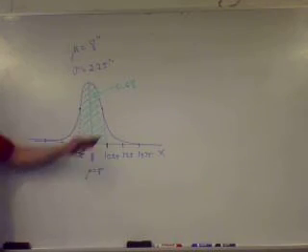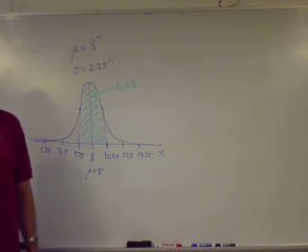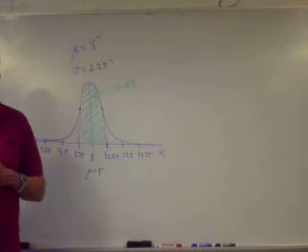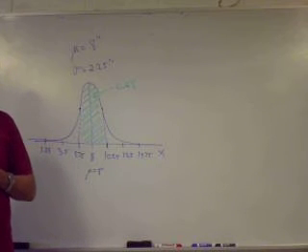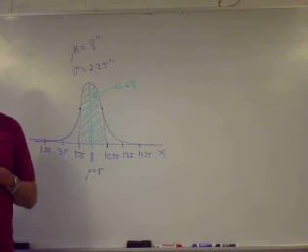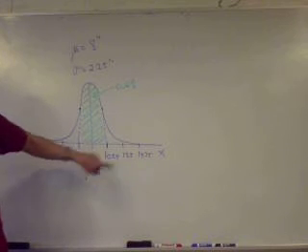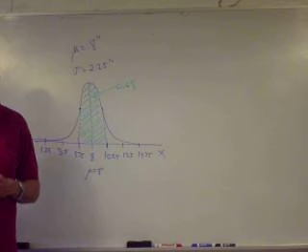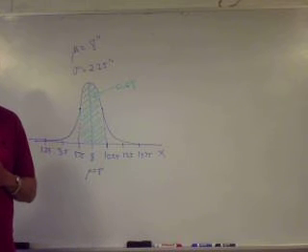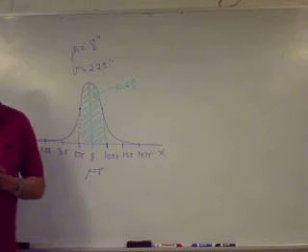That's the meaning of area. It's proportional. Another meaning for area is probability. So if I selected one fish at random out of the lake, the probability that it's between 5.75 inches long and 10.25 inches long is 0.68, or 68%. So that's just a little review of the normal curve.